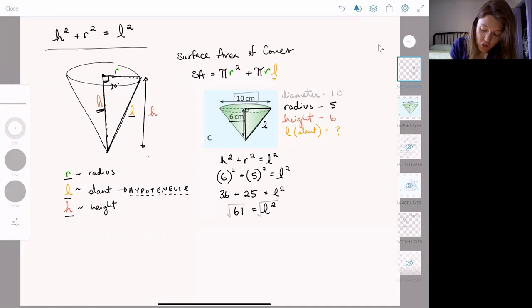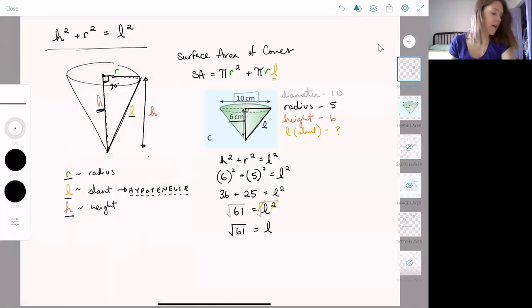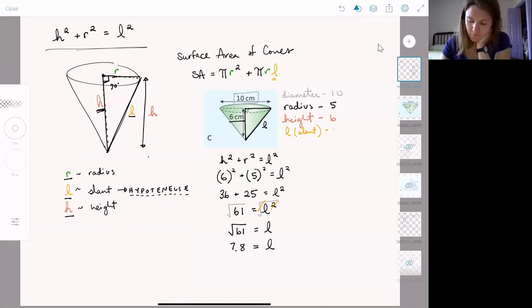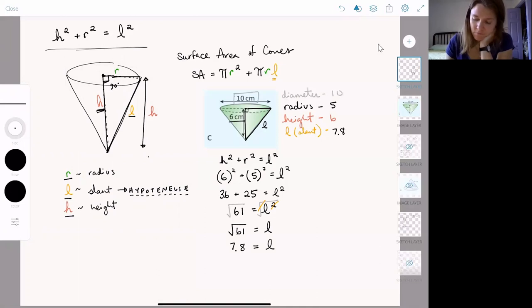The square and my square root cancel out, leaving me the square root of 61 equals L. So I'm going to plug this into my calculator, and it gives me a length of 7.8. Okay, now I have my L. And I can come back to this equation and substitute in my values, okay?